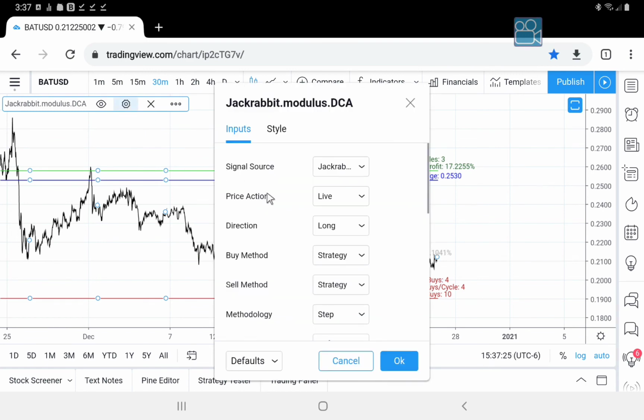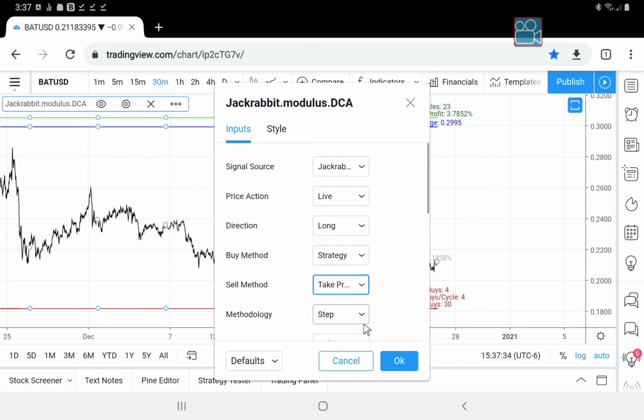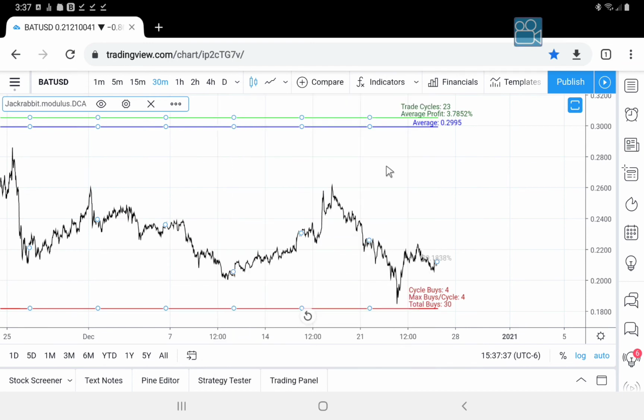That is quite difficult to work with, considering its history. But if you use a 2% profit, or a take profit, here you have 23 trades, and it's saying an average of 3%. That's 46, 69% profit if you use a flat take profit on a coin that is normally quite difficult to work with.